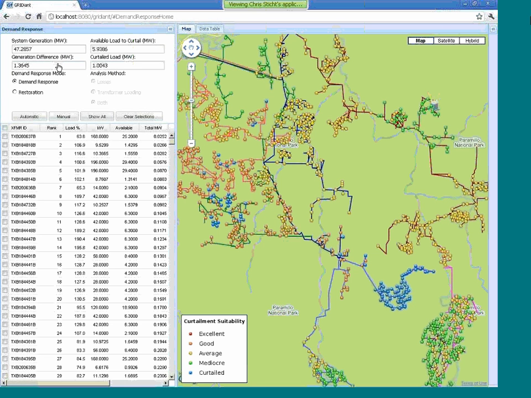Well, now by combining the two analysis methods, when we curtail 1 megawatt of load, we get 1.36 megawatts of generation difference, because we're targeting those transformers that are overloaded, and so it's actually giving us even more benefit than when we were looking at just the losses.